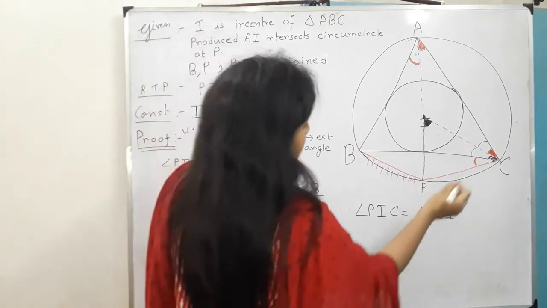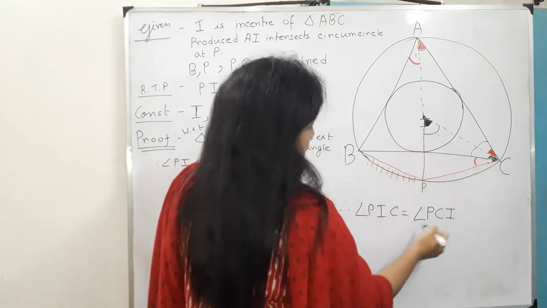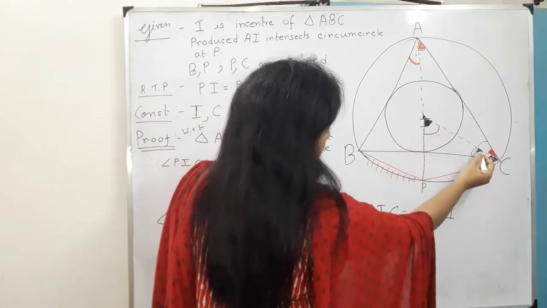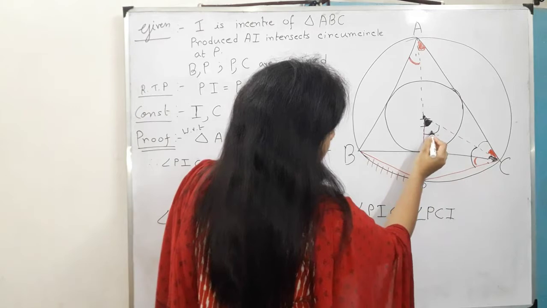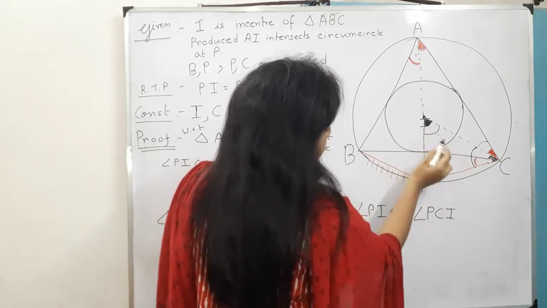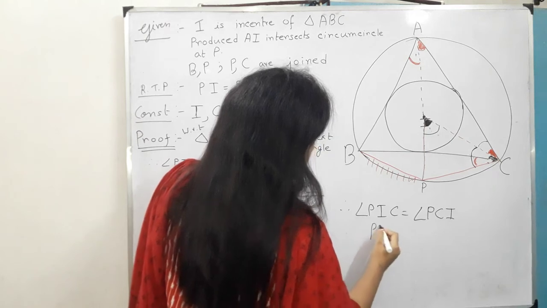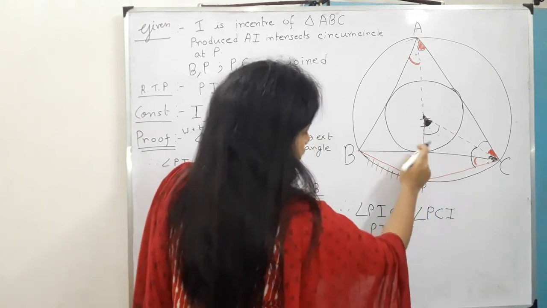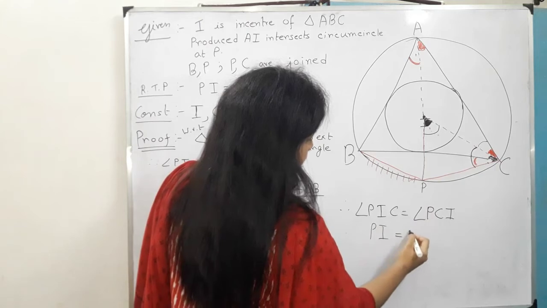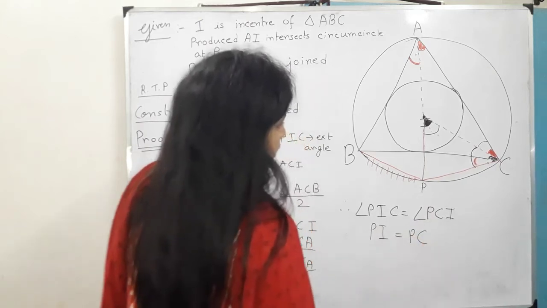So PIC means this one, PCI means this one, the whole. Both are the same. If the corresponding opposite angles are the same, then the corresponding opposite sides will also be the same. That means PI equals PC.